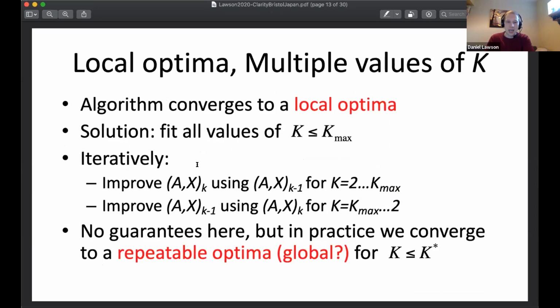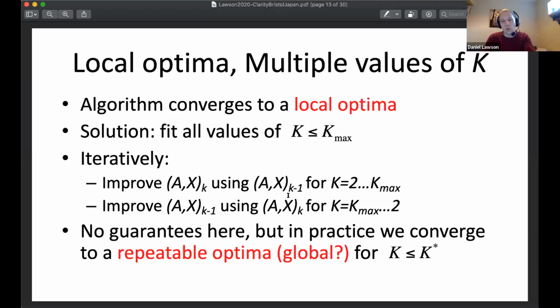So basically, the published algorithm uses the k-1th solution, and it proposes a tweak to that for the kth solution, and then performs a local optimization. So we go all the way through from k equals 1 to k equals k max, and then we go backwards again.